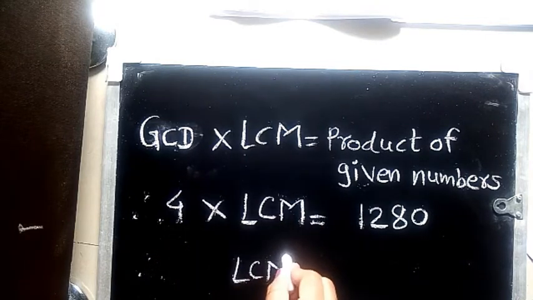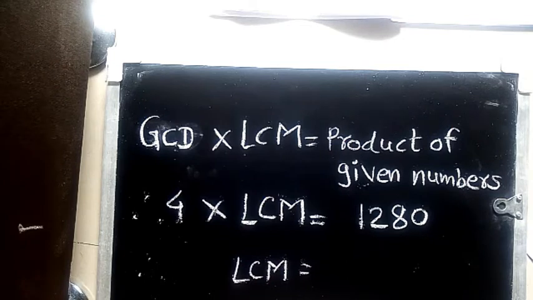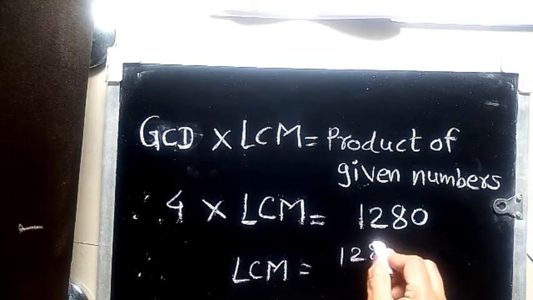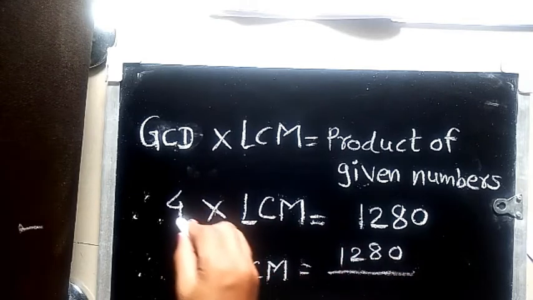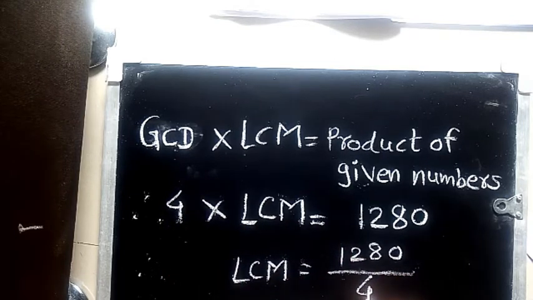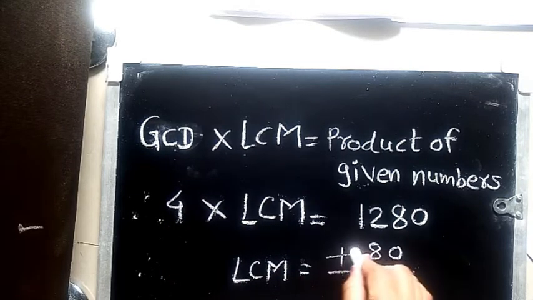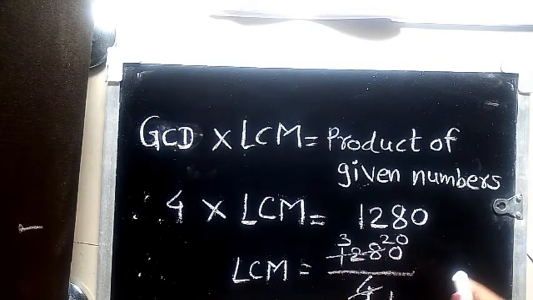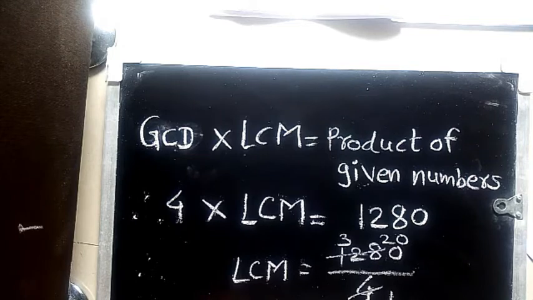Write down: LCM is equal to the product of two numbers, 1280. Here, write down LCM: on the left side 4 divided into 1280 on the right side. 4 ones are 4, 4 threes are 12, 4 twos are 8 and 4 zeros are 0. The division result is 320.